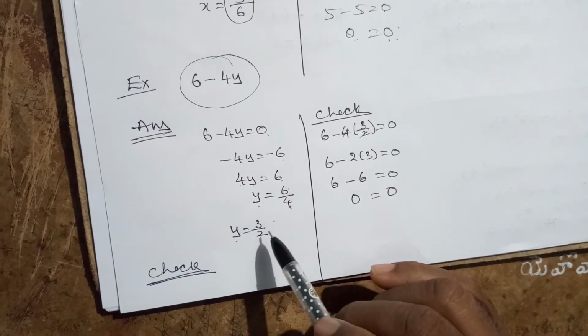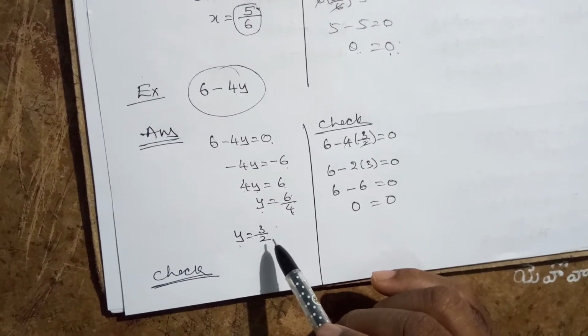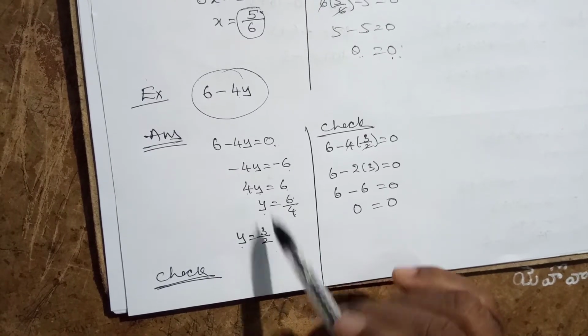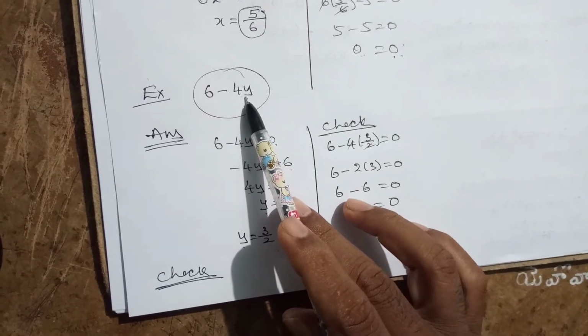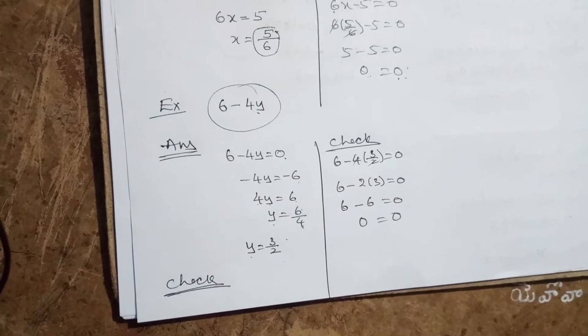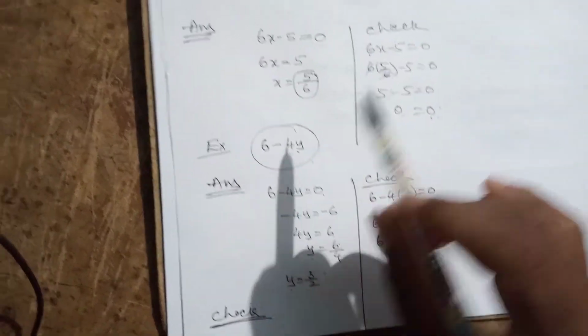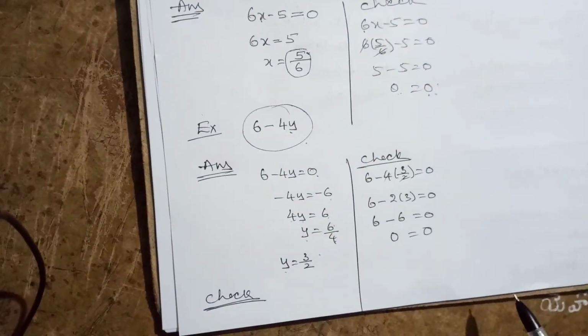That means when you keep the value 3 by 2 in place of y, this will become 0. That is the zero of the polynomial.